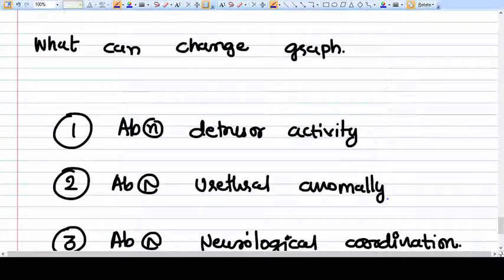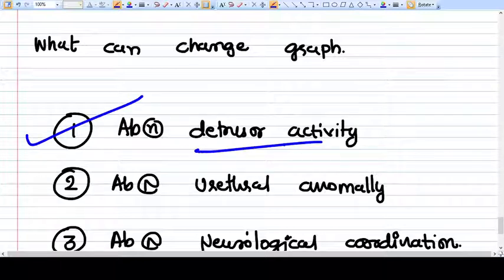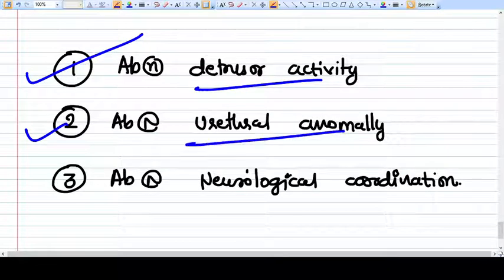Now we have shown the normal graph. What can change the graph? How can abnormal uroflowmetry be there? It may be because of abnormal detrusor activity. Detrusor activity may be overactivity or underactivity, so this can change the graph. It also changes with urethral anomaly.